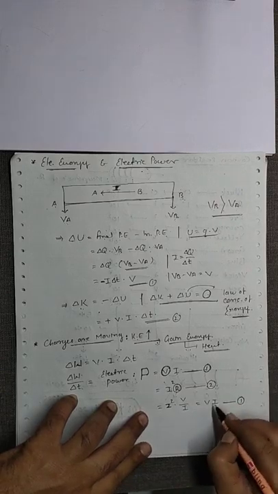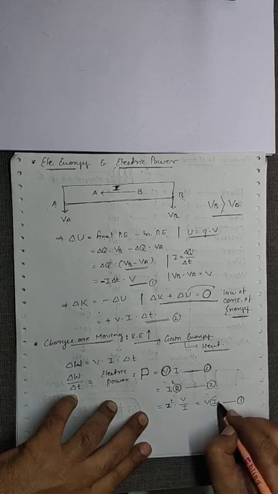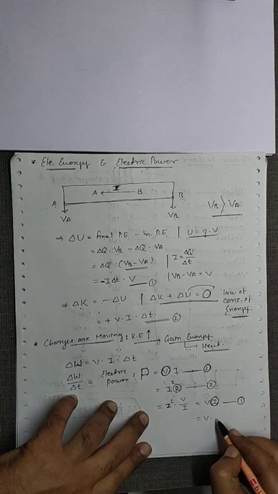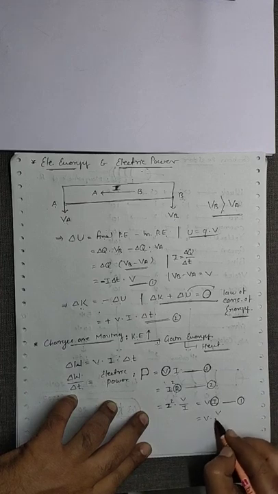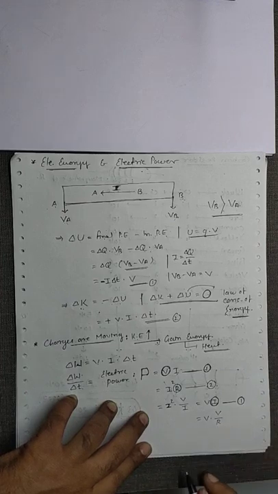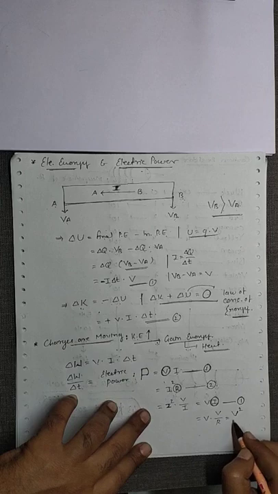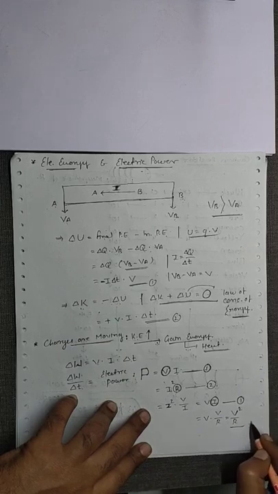But if you put the value of I from Ohm's law, you will get V multiplied by I, and I is V by R. So you will get the third form, V square by R. Give it equation number 3.